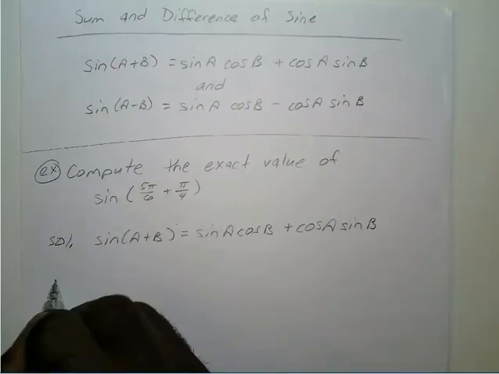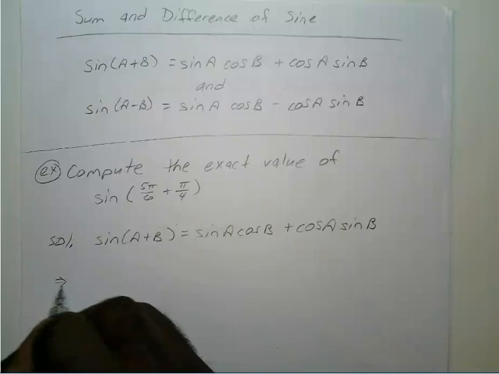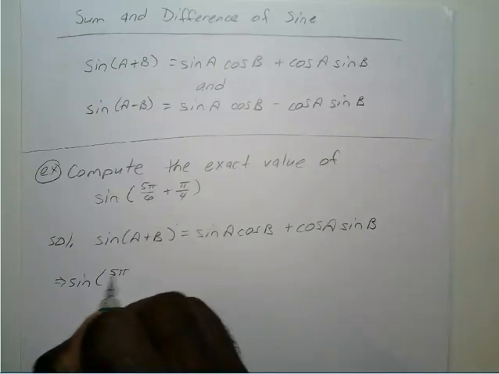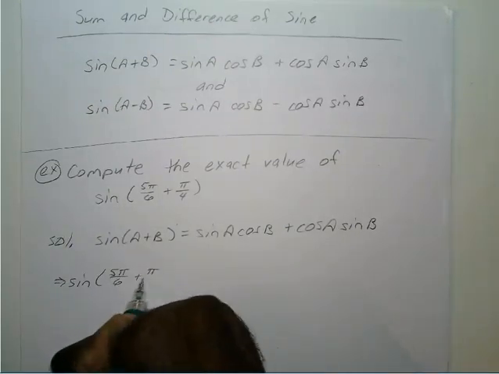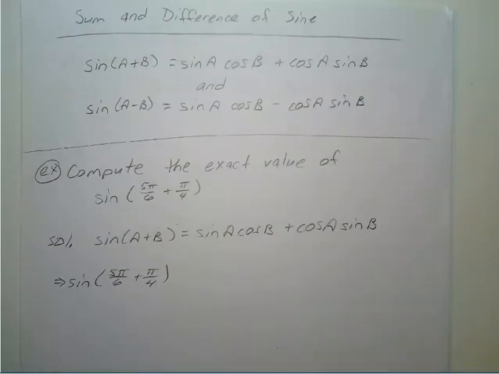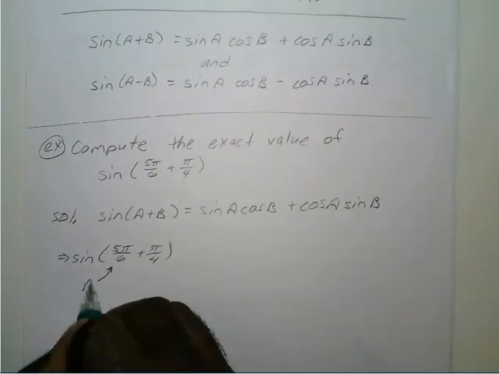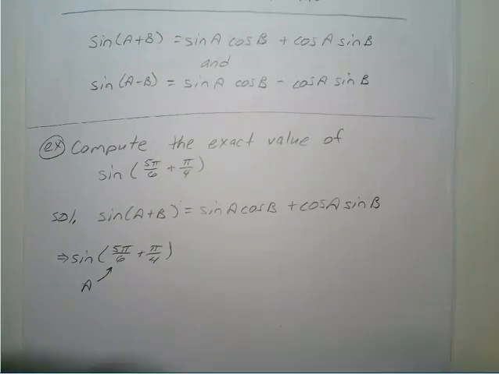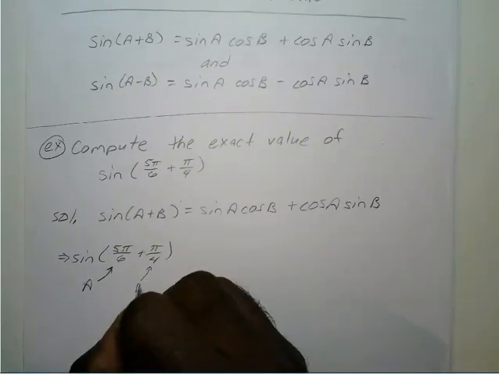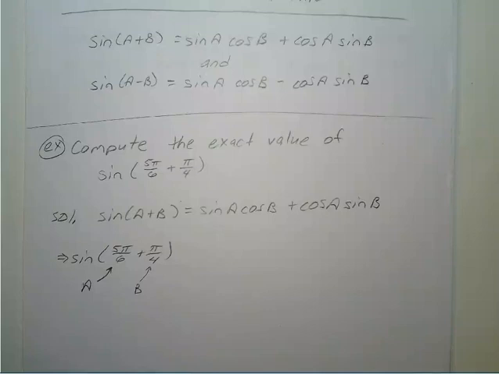Okay, so for our sine of 5 pi over 6 plus pi over 4, our a is the 5 pi over 6, and our b is the pi over 4.